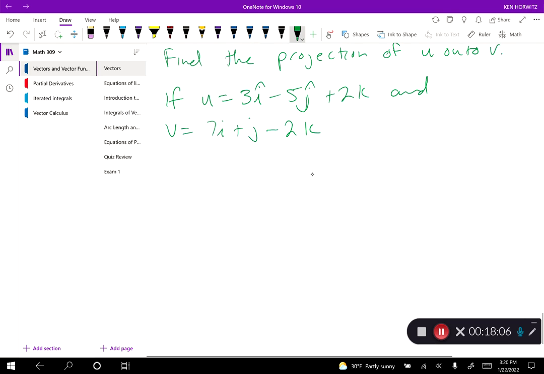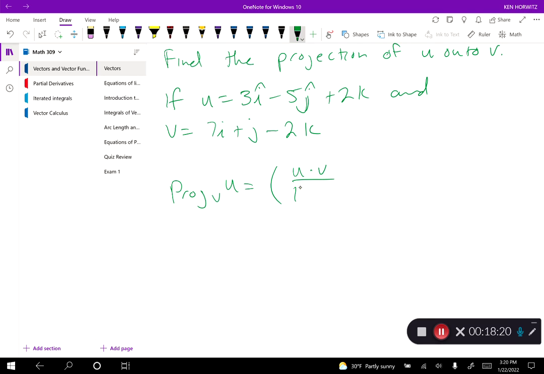All right, so the projection of U onto V is going to equal U dot V over the magnitude of V squared times vector V. And your answer is indeed going to be a vector.